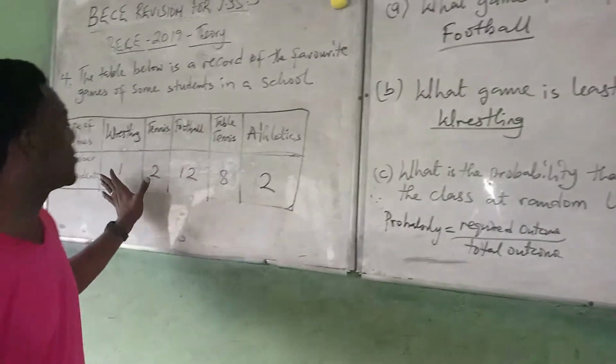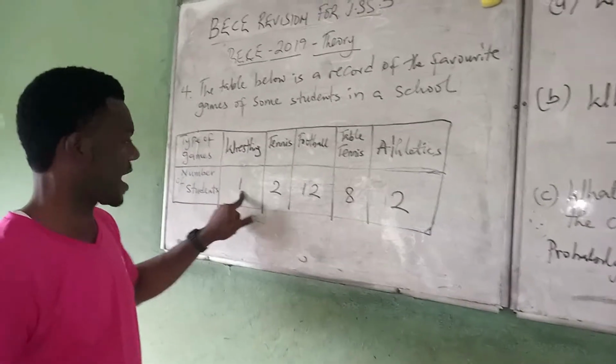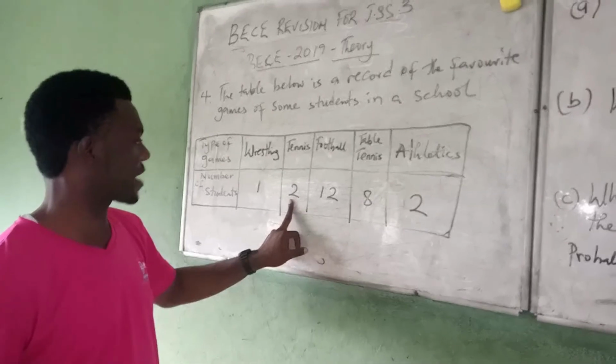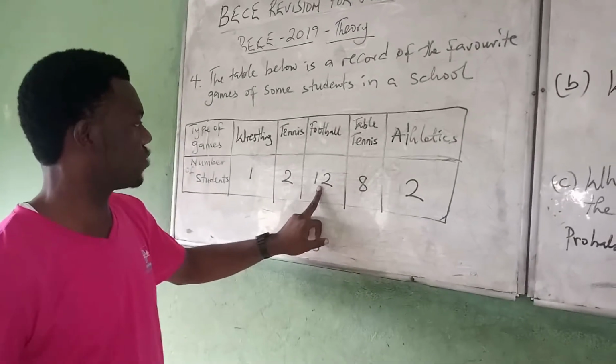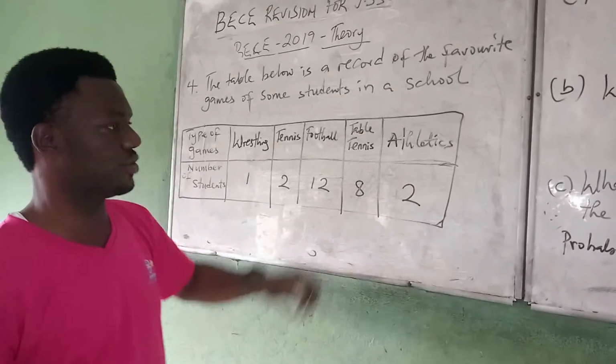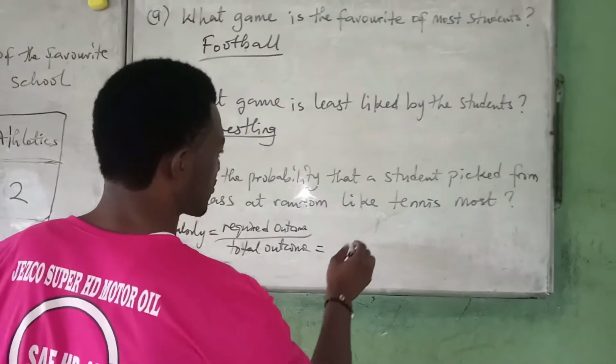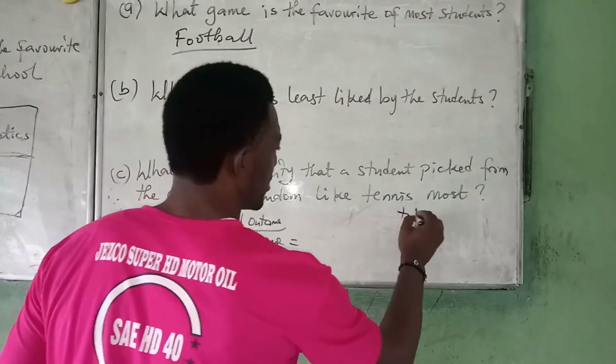So from here, what is the total outcome? You add up everything, the number of students.